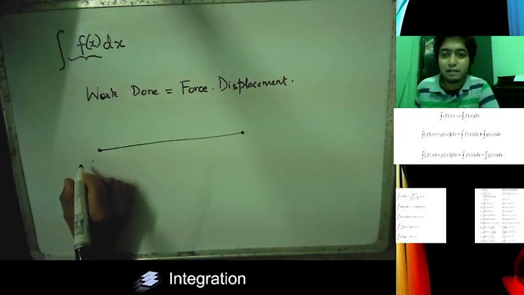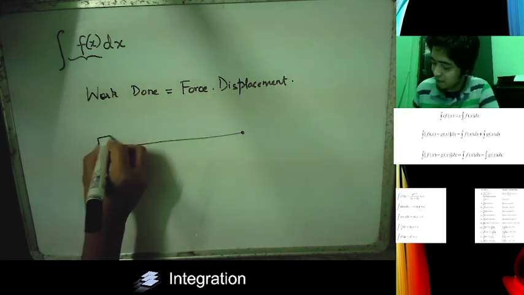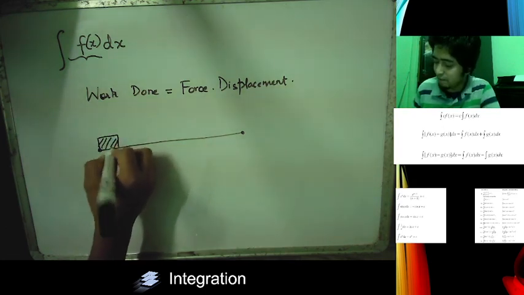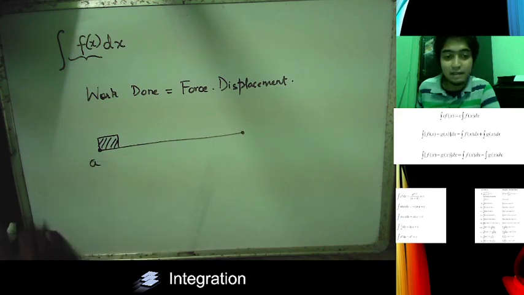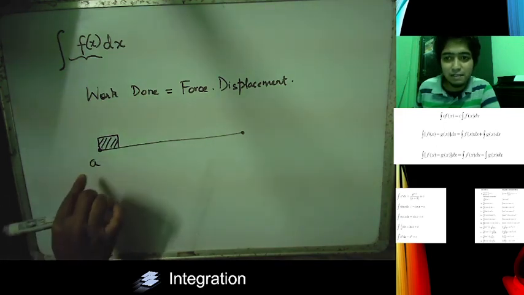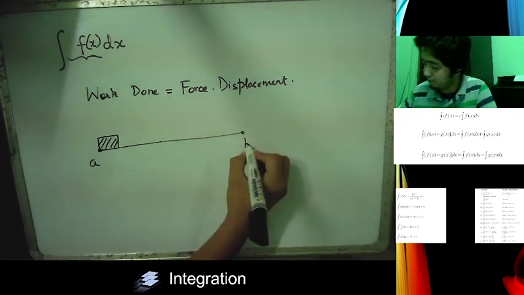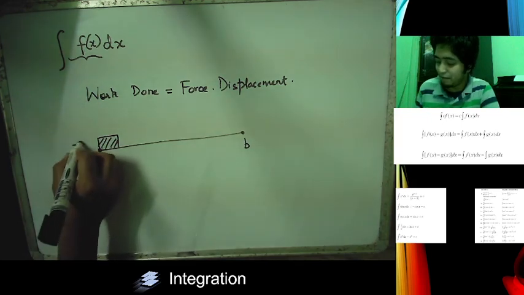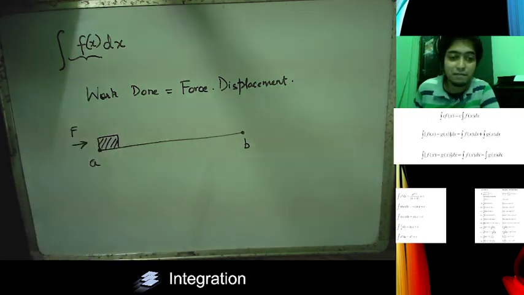You can imagine this. There is a block over here at point A, and you want to move this block to point B. So you will be applying a force in this direction.